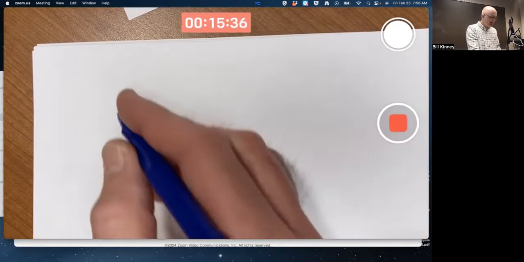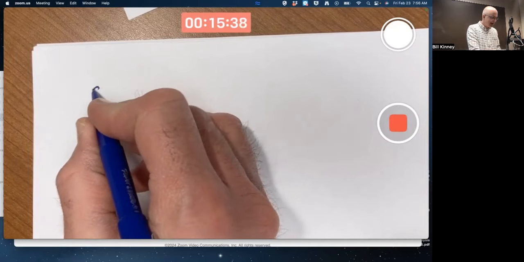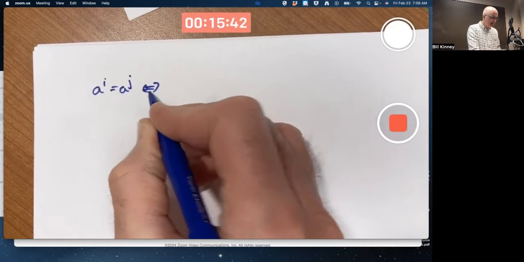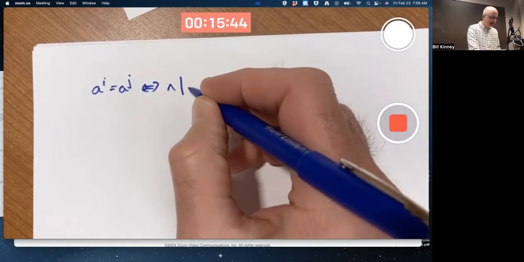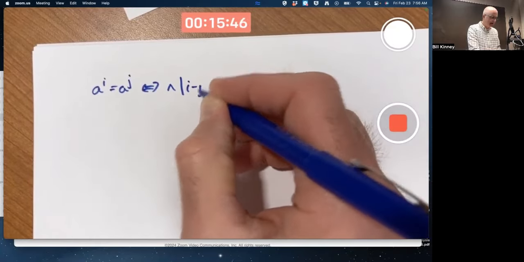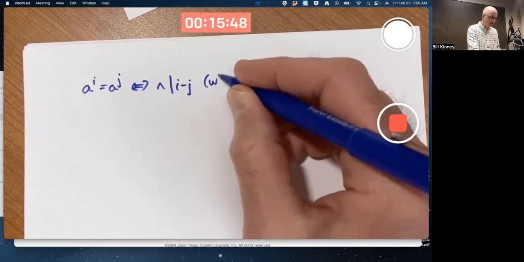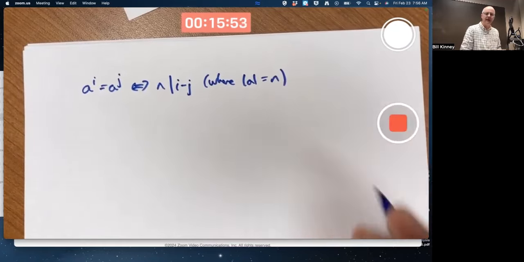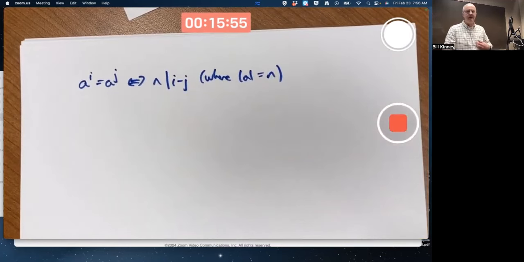So the next thing we're thinking about proving here is that A to the I equals A to the J if and only if n, the order of A, divides I minus J. We're still in a situation where the order of A is assumed to be equal to n. This is not about set inclusions.